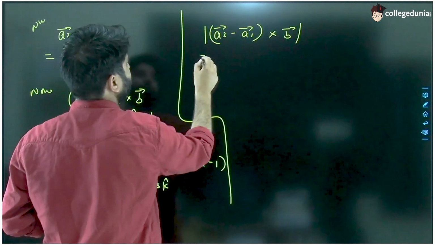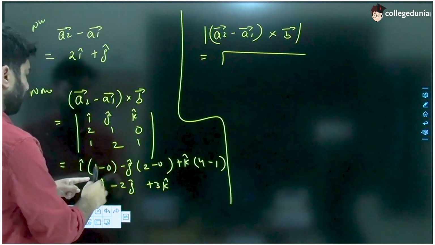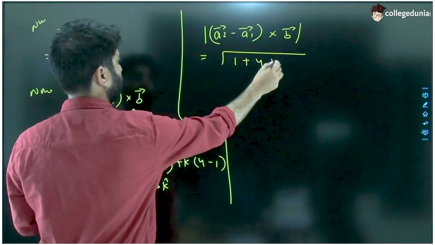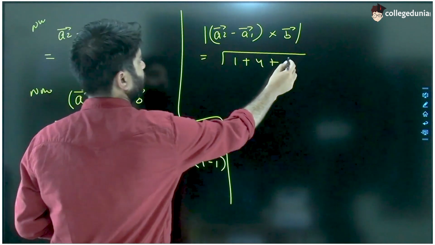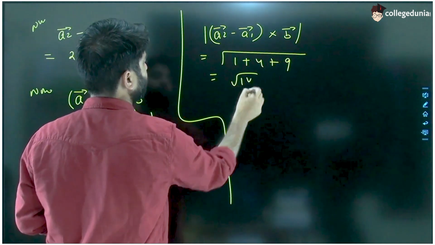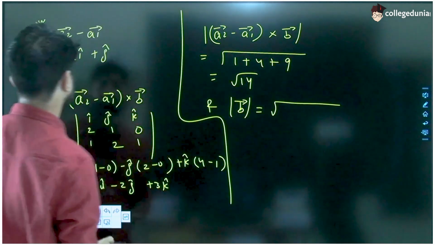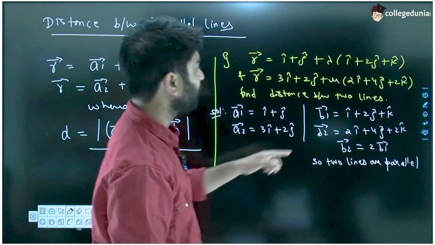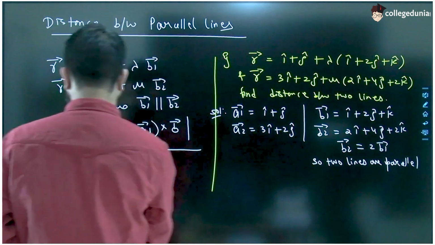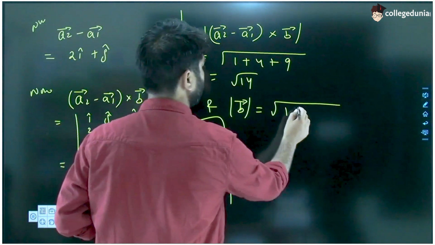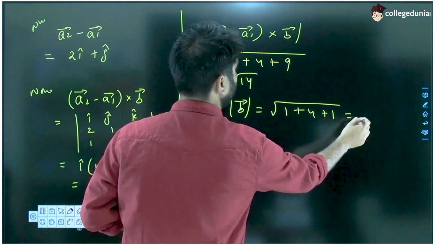Okay. And lastly we also have to find the magnitude of a2 minus a1 cross b. The magnitude of this vector will be 1, 4 and 9, which is root 14, and the magnitude of vector b will be 1, 4 and 1, which is root 6.